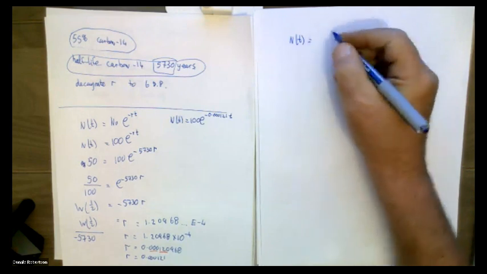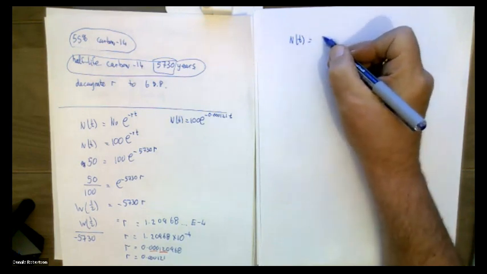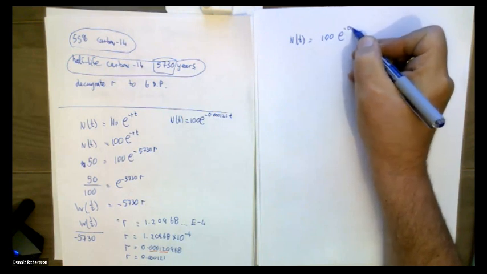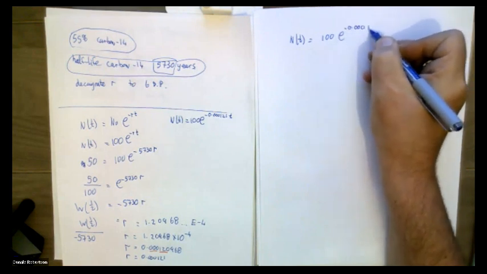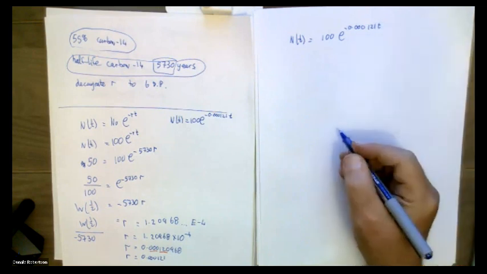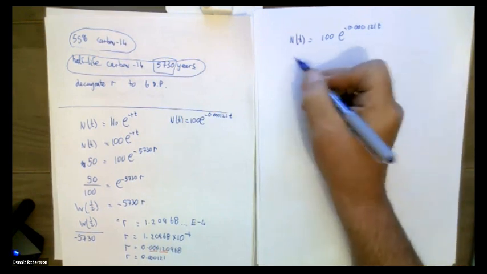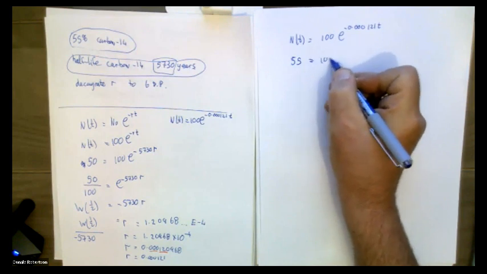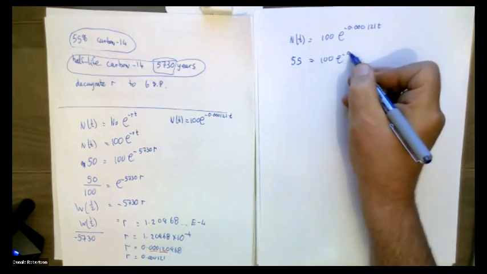N of t is 100 e to the negative 0.000121 t, and we have 55% of it, 55 there. And we are trying to solve for t.